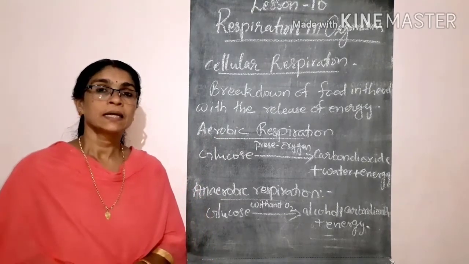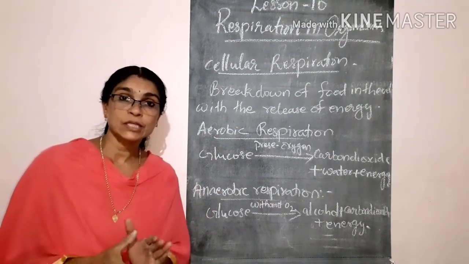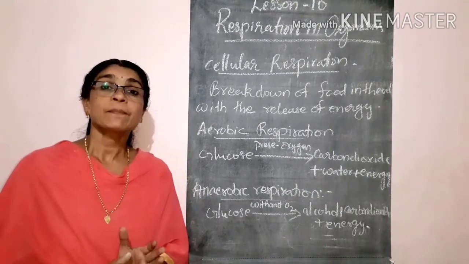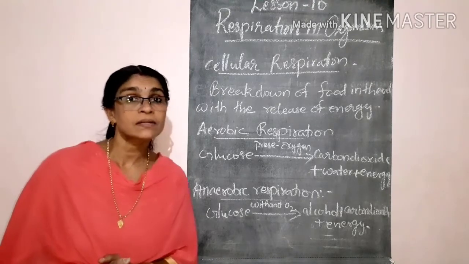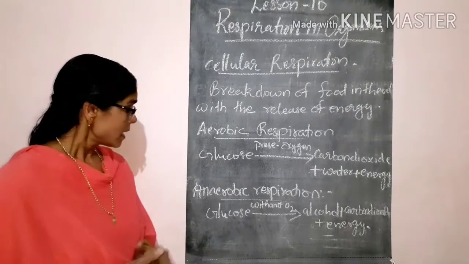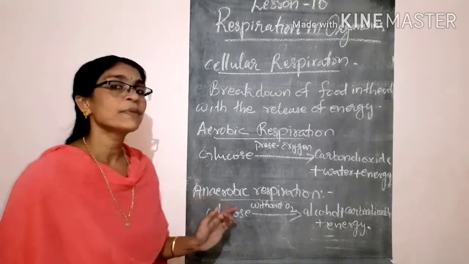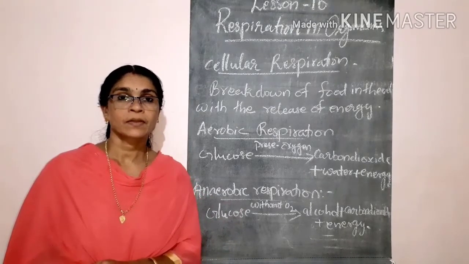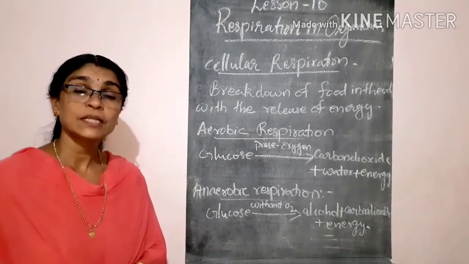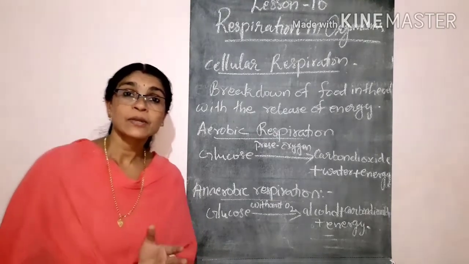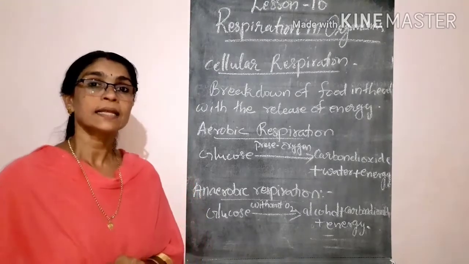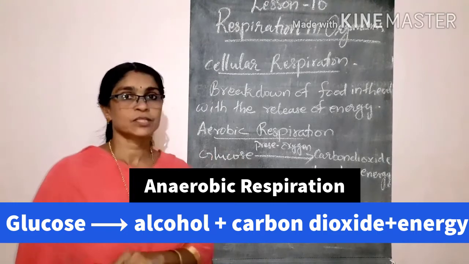That means the breakdown of glucose into carbon dioxide, water and energy with the presence of oxygen. Another term is anaerobic respiration. It is the process of breakdown of glucose into alcohol, carbon dioxide and energy without the presence of oxygen.